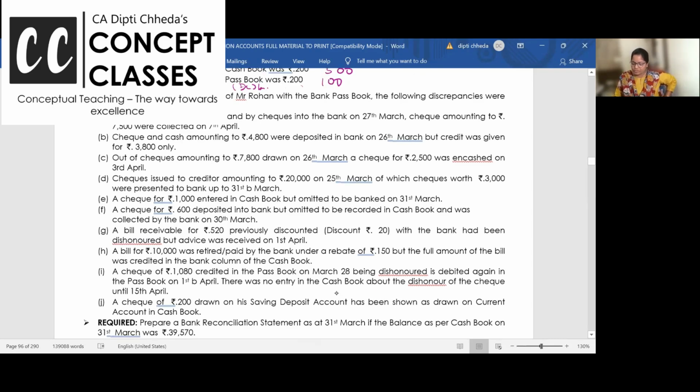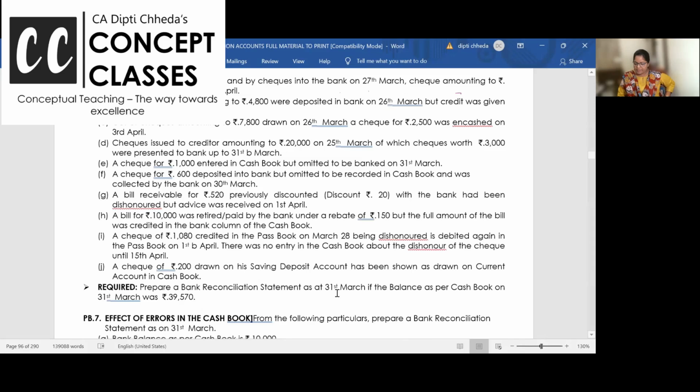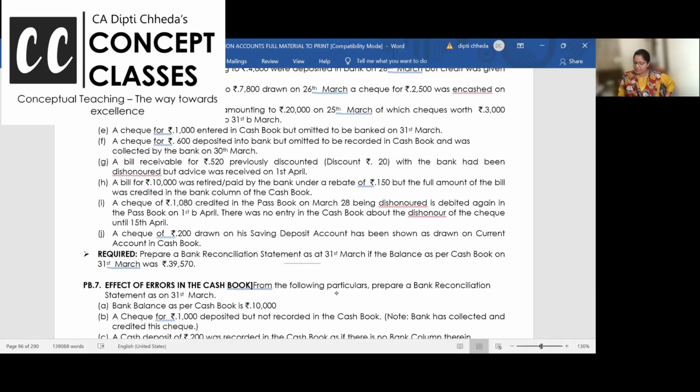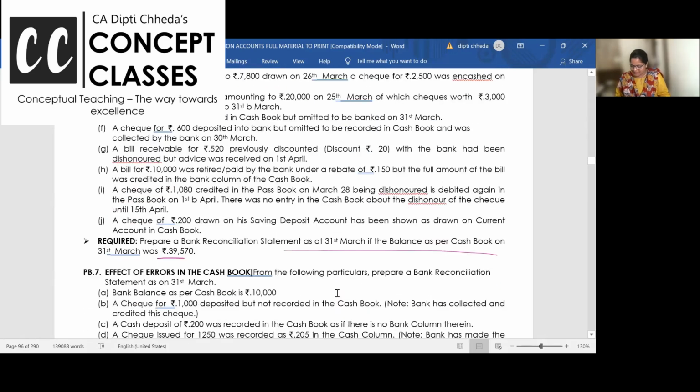Out of 2,500 paid in cash and by check in the bank, checks amounting to 7,500 are not cleared, whatever checks we have deposited. For this, which balance have they given you? Cash book balance. Good. So shall we start the problem? Cash book balance is given, and then we can continue with this.